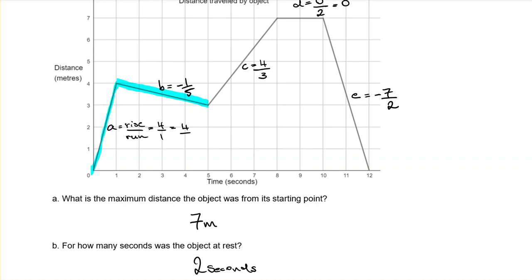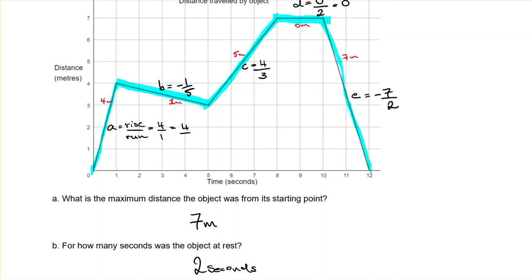So 4 plus the 1 is 5. 5 plus another 4, that's 9. So I'll just write 4, 1, 5. Then it doesn't go anywhere. So 0, didn't go anywhere, then came back home or wherever to its starting point, and that took another 7 meters.